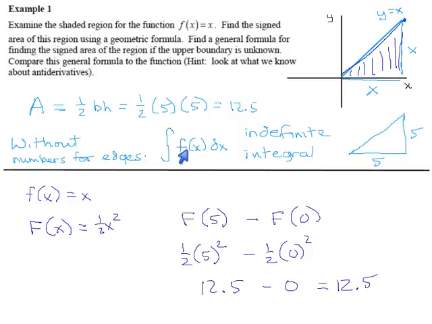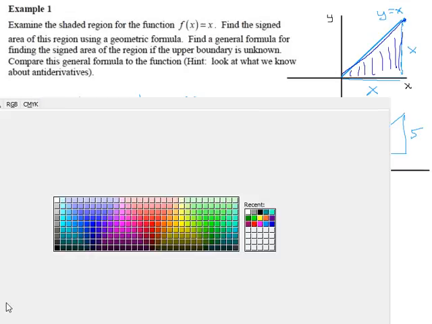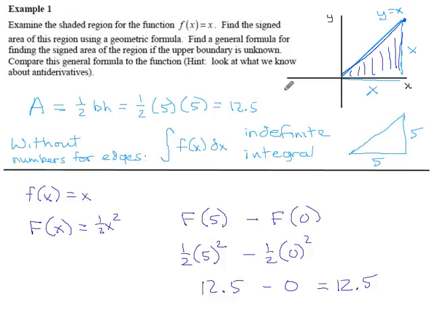And that means when you complete this, your answer is going to contain x's, because you haven't nailed down how wide this thing is. There should be no way you can get a fixed number for something like this, except in some weird situations. This second one, where we knew we were going from 0 to 5, is called a definite integral, because it has defined left and right edges. You write that, integral f of x dx, but this time you put the boundaries on it.